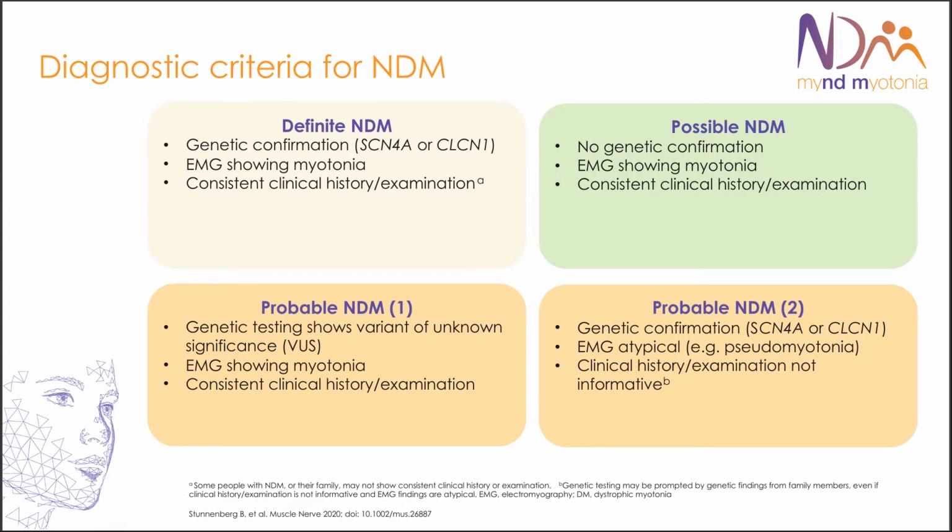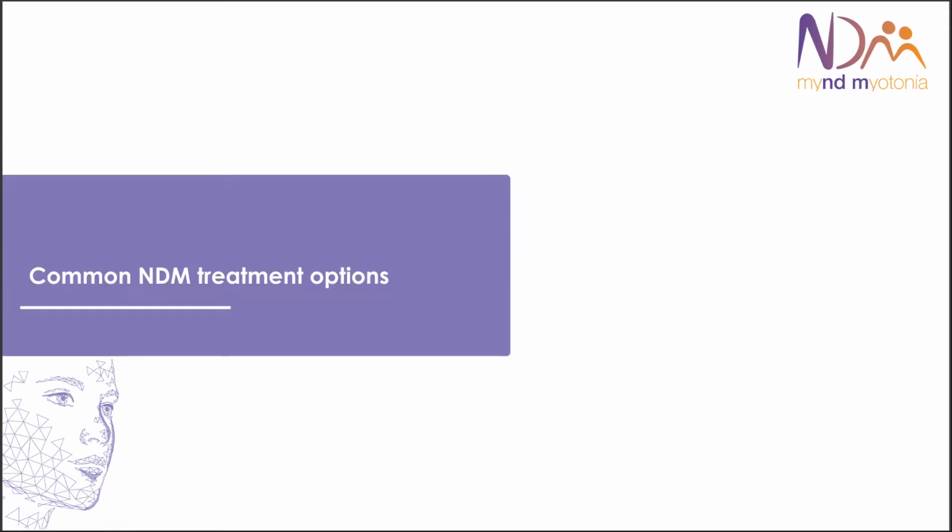Probable NDM1 when we have genetic testing showing a VUS, but EMG showing myotonia and consistent clinical history and examination, and probable NDM2 when there is a genetic variant in the sodium channel or chloride channel, but the EMG is atypical, like pseudomyotonia or some complex discharges, and the clinical history and examination are not informative.